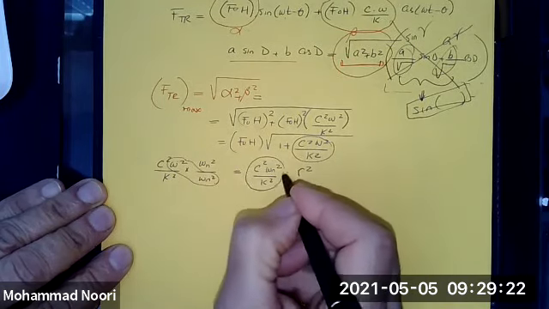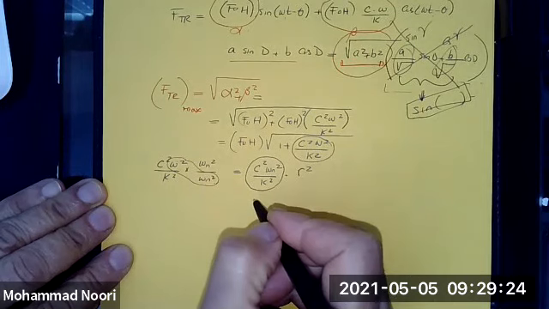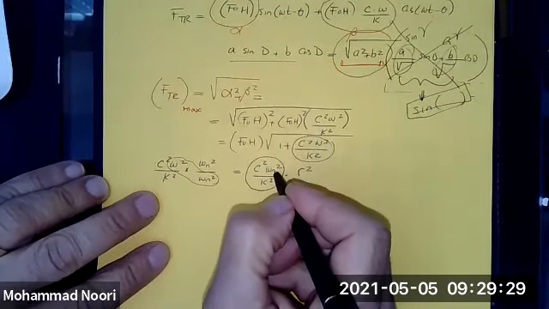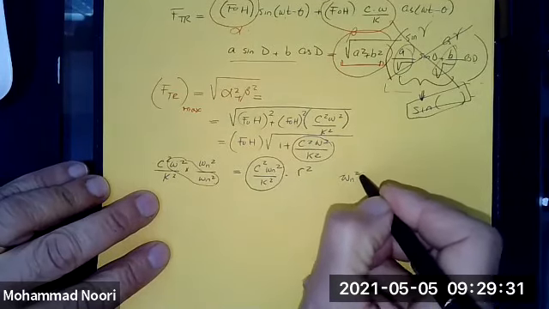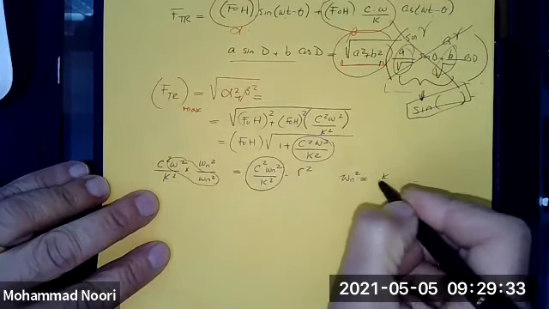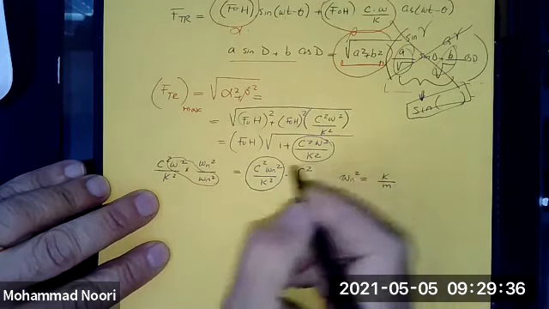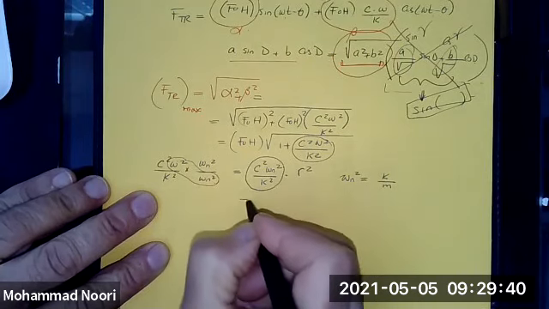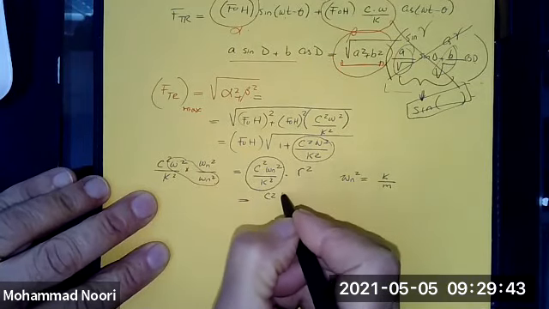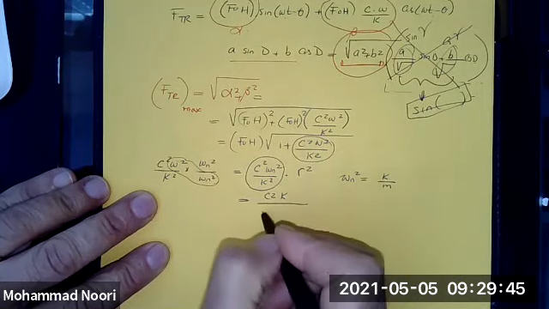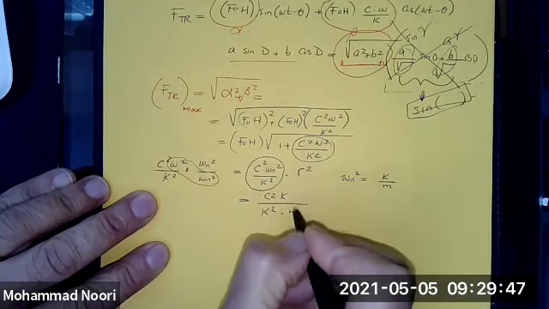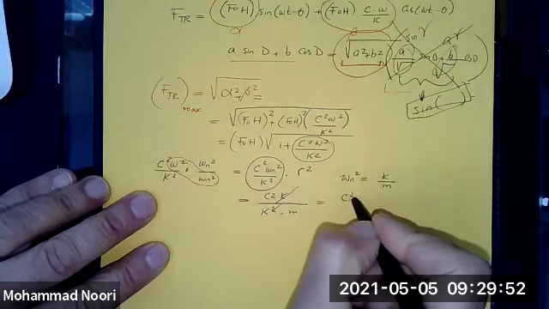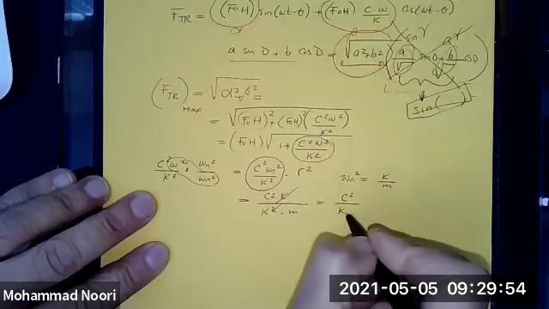But let's look at this. I can replace omega n squared. Omega n squared is K over M. So if I substitute that here, I have C squared K over K squared M. This and this cancel out, so this becomes C squared over K M.